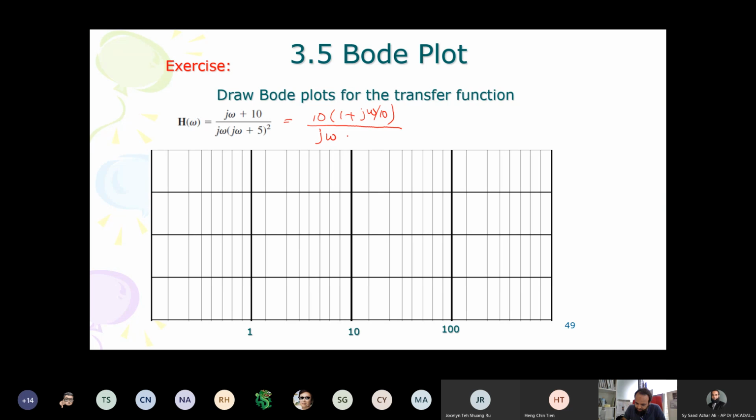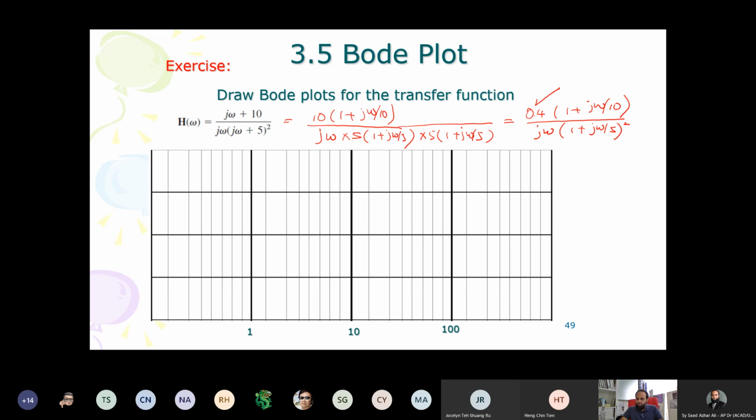Just to show you, it's actually 5 times 1 plus j omega by 5, and 5 times 1 plus j omega by 5. There was j omega plus 5 whole square, so I just put j omega plus 5 and j omega plus 5, and both of them will give me 5 times 5, so that's where I got 25. So it's 10 upon 25, which is 0.4, times 1 plus j omega by 10 divided by j omega and 1 plus j omega by 5 squared.